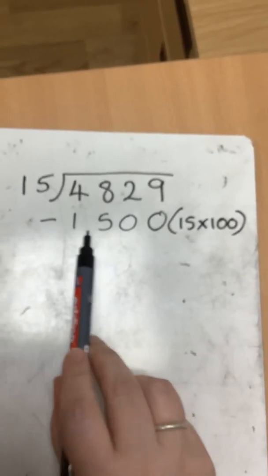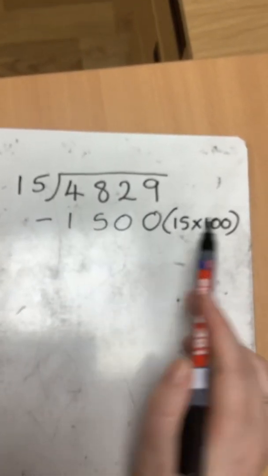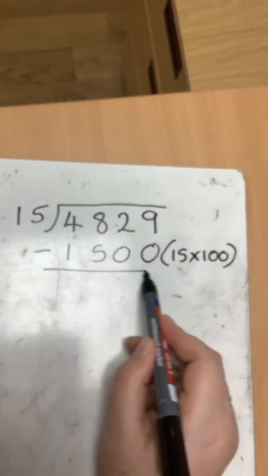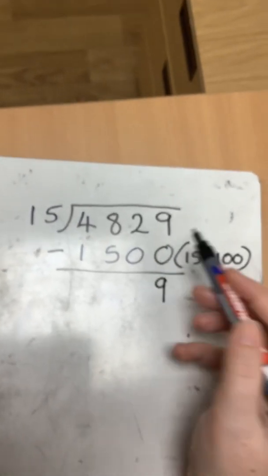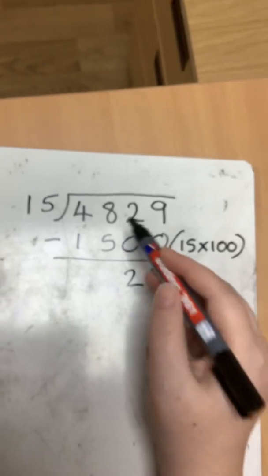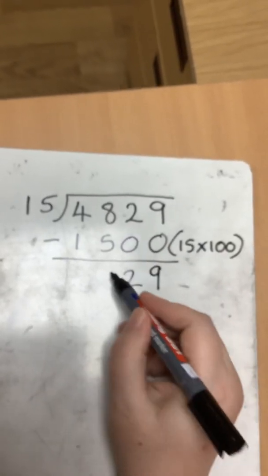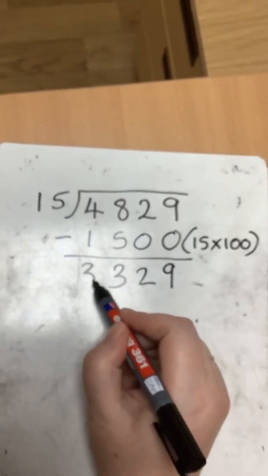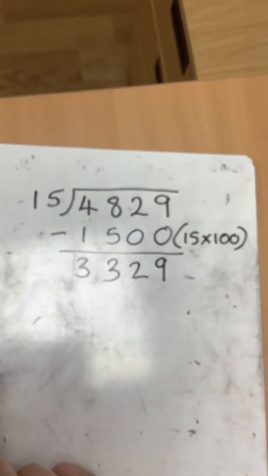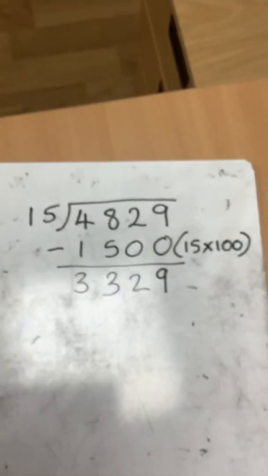So that's a really easy number for me to be able to think about and subtract. So 9 subtract 0 is 9, 20 subtract 0 is 20, 800 subtract 500 is 300, 4,000 subtract 1,000 is 3,000. So I still have this amount to make groups from.